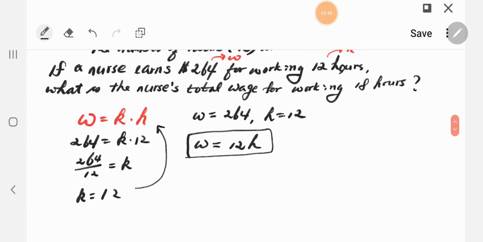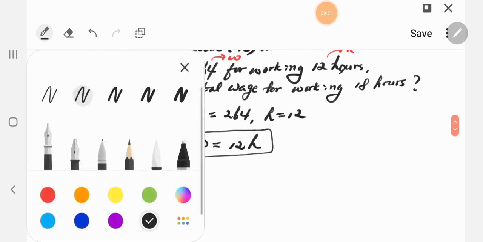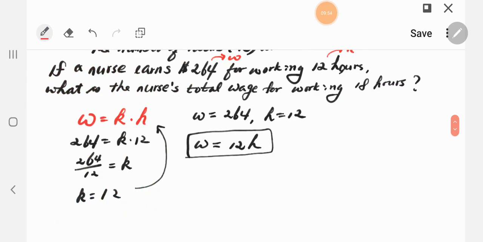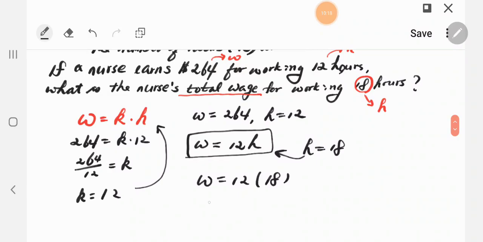And from this, we want to find the nurse's total wage. So we want to find the wage when the nurse works 18 hours. So now let's plug in 18 for H. W is equal to 12 times 18.